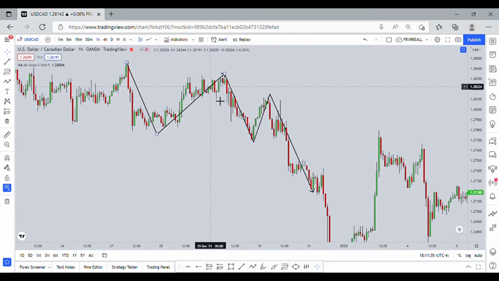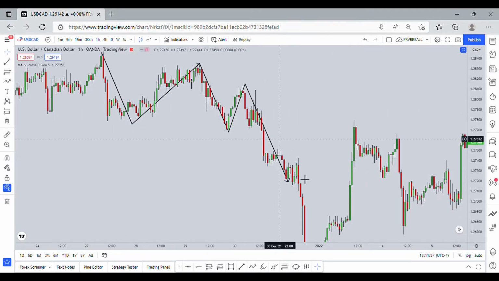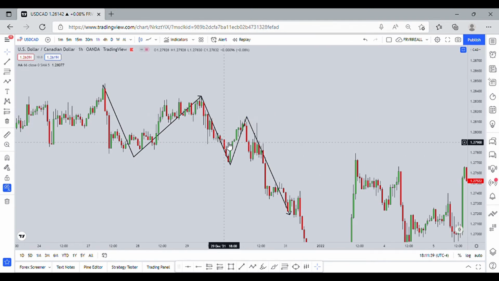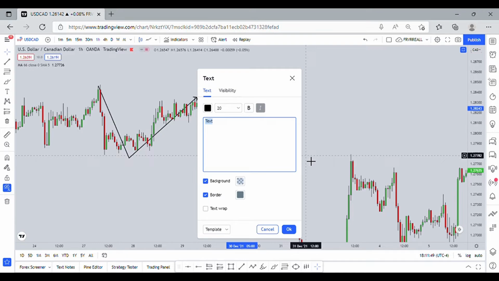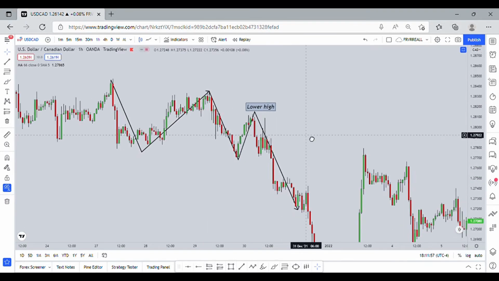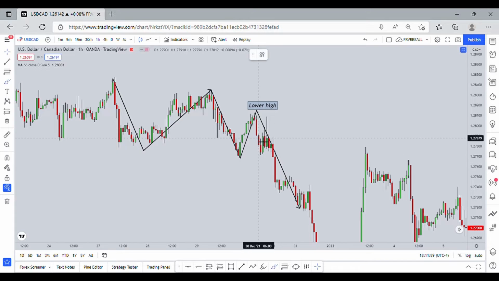To be able to benefit from, let's say, this move, you would have to enter around this area, at the lower high, at this area, to be able to benefit from this move.